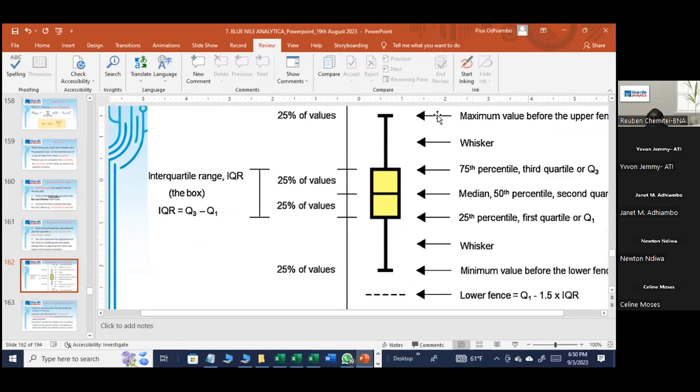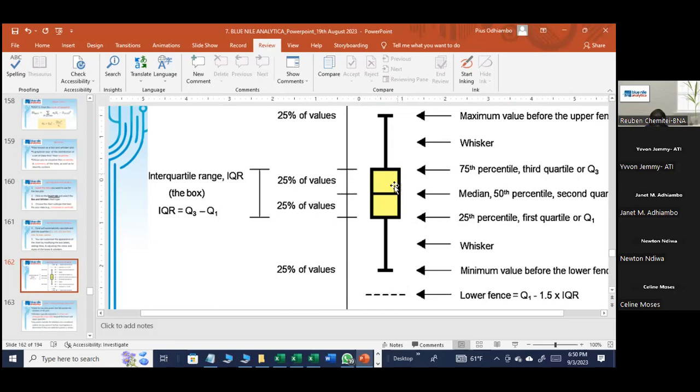So what is the highest a student is scoring? Now, what we have in the box is the 25th percentile. We have the median, which is the 50th percentile. Then we have the middle of the upper data set, which is the 75th percentile.